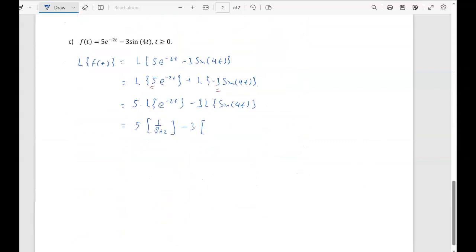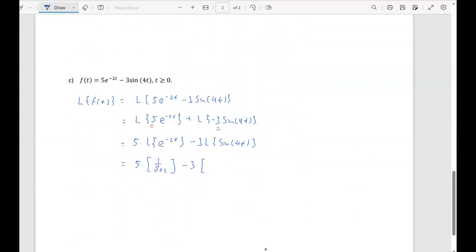So we would have a 4 over s squared plus 4 squared. So we end up with 5 over s plus 2 minus 12 over s squared plus 16 for the values of s greater than 0.